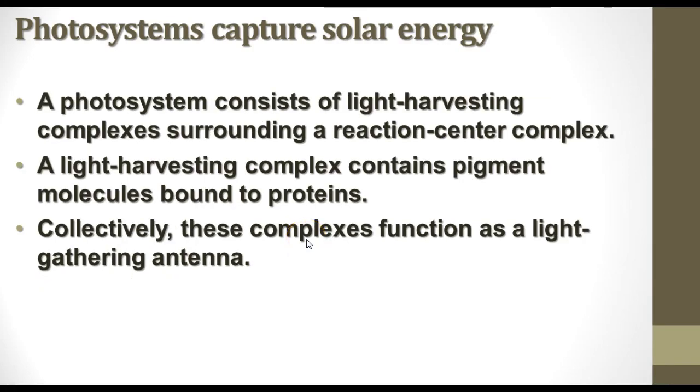The photosystems have the light harvesting complexes made of the pigment molecules, and they surround a reaction center complex that acts as a light gathering antenna, so they absorb or attract the energy of light and then use it in this reaction center to produce the reaction.